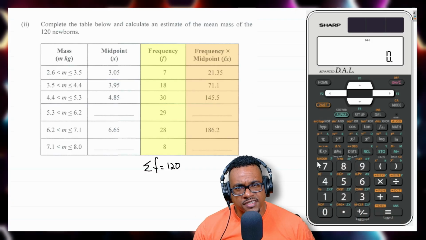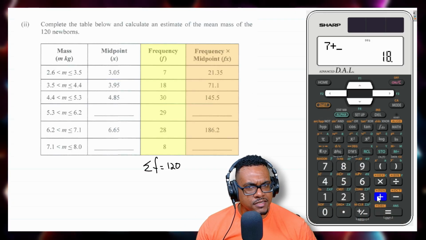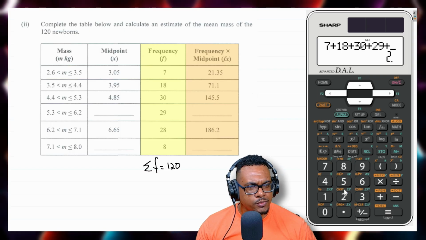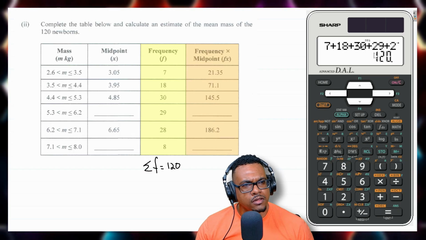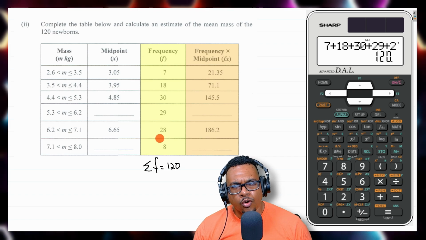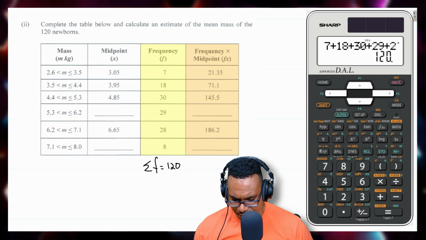So I'm just going to do that on the calculator to make sure. So we have 7 plus 18 plus 30 plus 29 plus 28 plus 8 equals 120. So we see that the sum of all the frequencies is 120, which is sigma f.